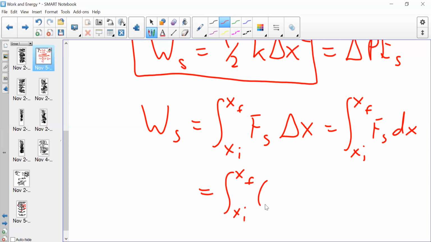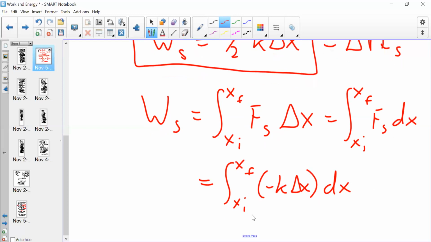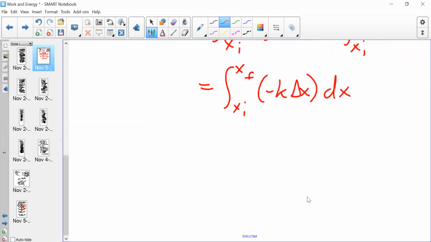So Fs is negative k delta x times delta x, but in calculus nomenclature, it's dx. The k is a constant. It's a spring constant, so that comes out of the integral. You cannot take the integral of a constant. So k.